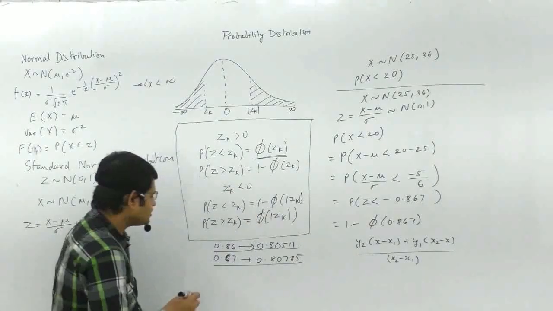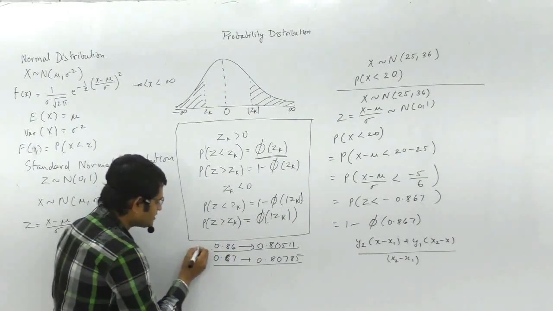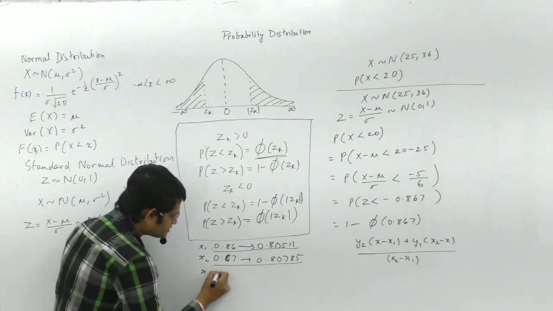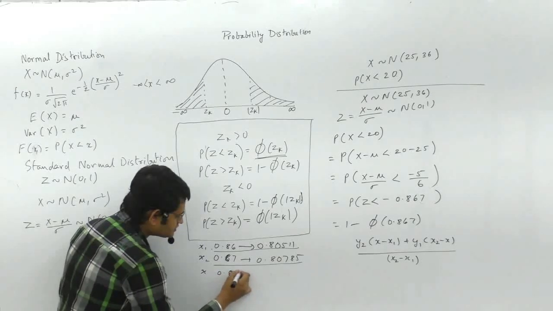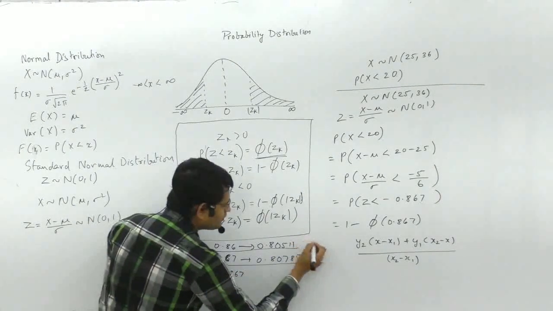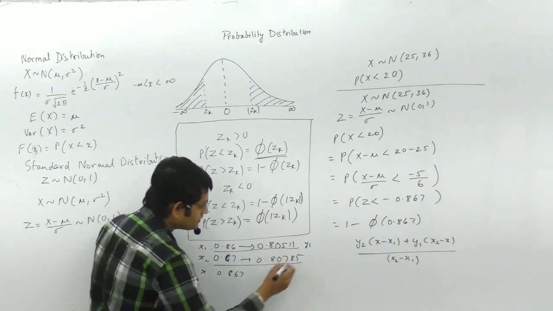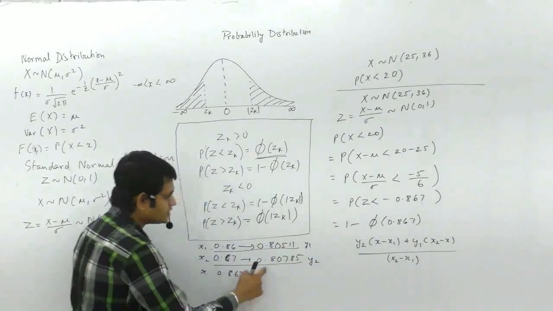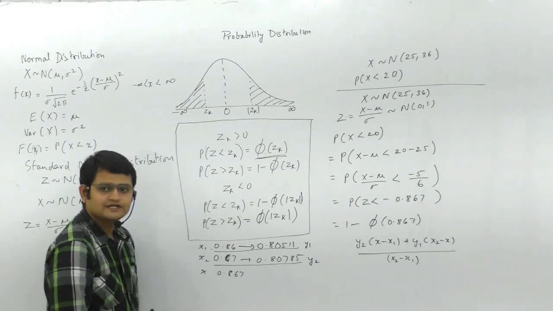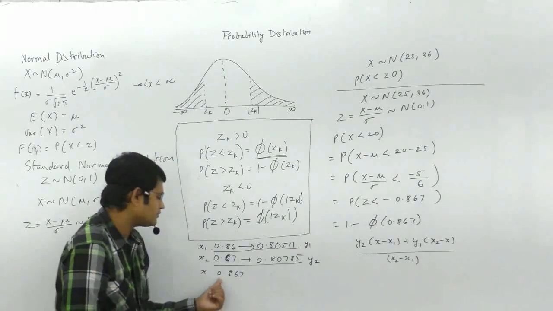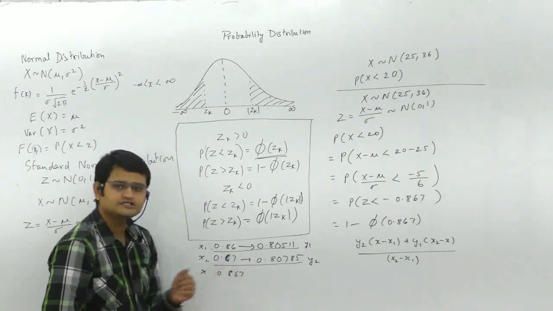So basically here 0.86 becomes our x1, 0.87 becomes our x2, and x is nothing but 0.867, and y1 is going to be 0.80511, y2 is going to be 0.80785, and we use this formula to find the probability for 0.867.